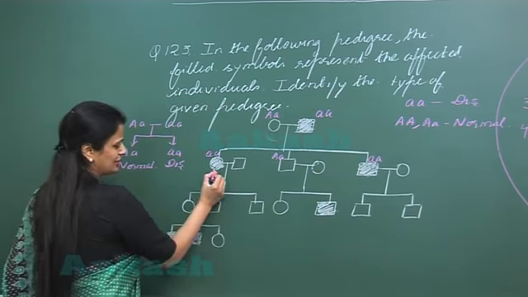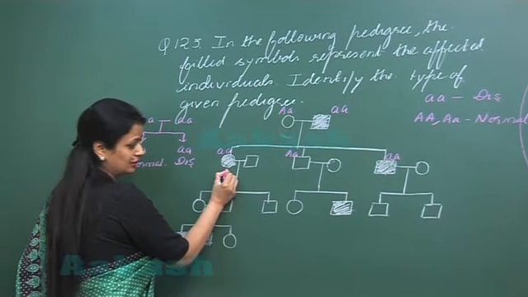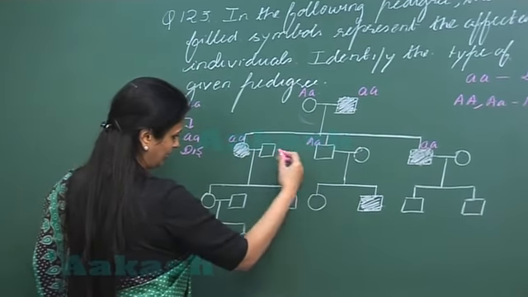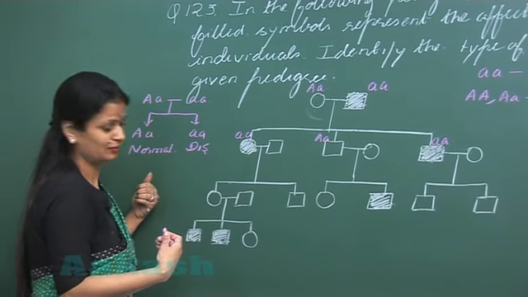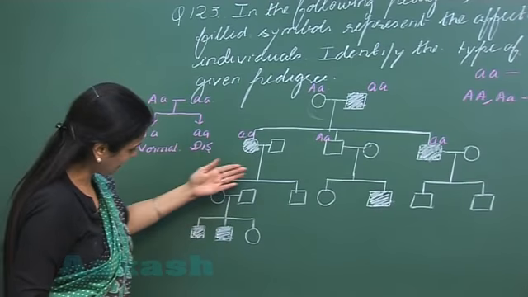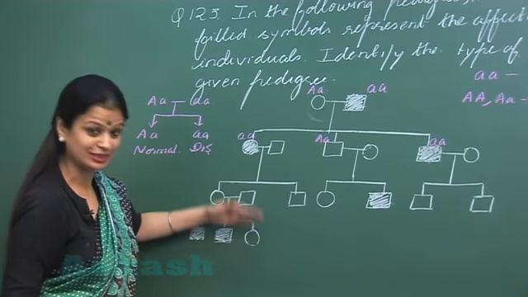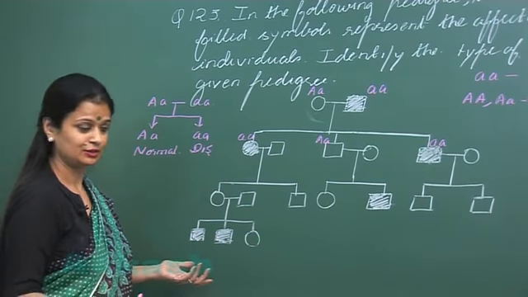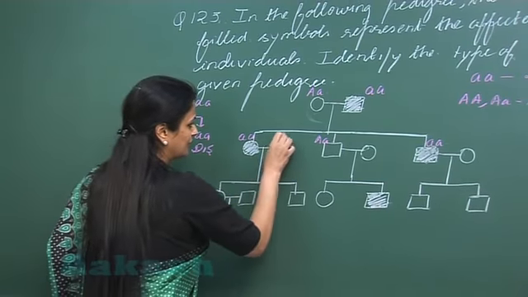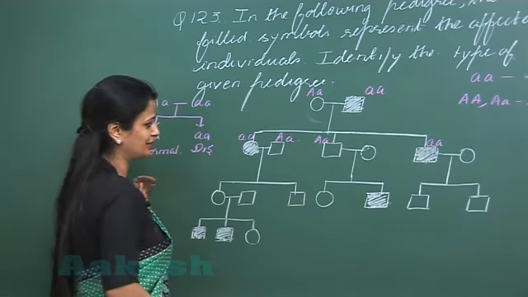Now a diseased female marries a man and the progeny is normal, fine. But you see that in the next generation, the disease is present. So we can take this male to be heterozygous.